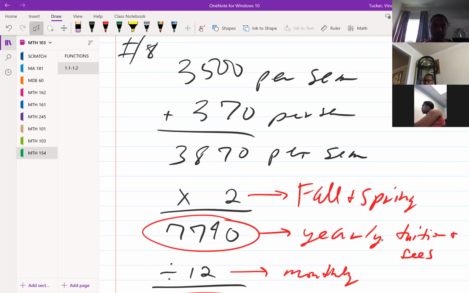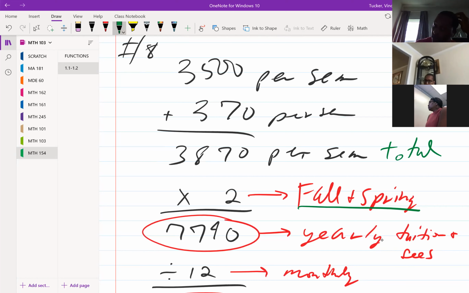We just had 3,500 per semester and 370 per semester for textbooks. So you add those together to get your total amount per semester.